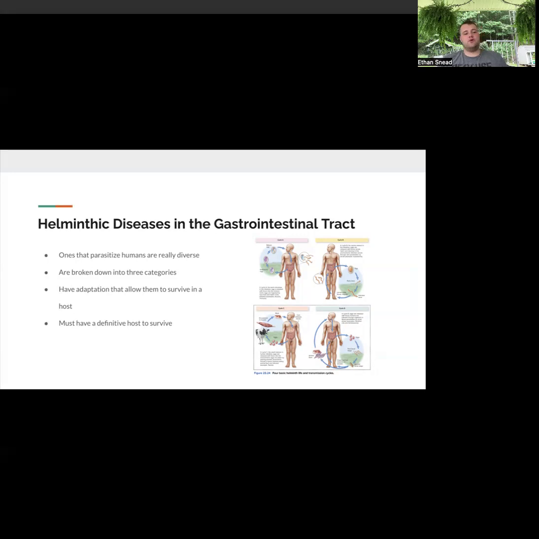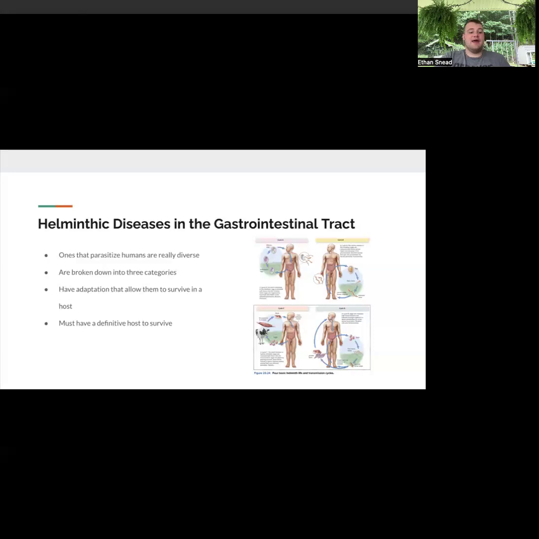They range from roundworms, which are about 3 millimeters in length, to tapeworms, which can be 25 meters in length. They're broken down into three categories: nematodes, which are roundworms, trematodes, which are flukes, and cestodes, which are tapeworms. We discussed this earlier in earlier chapters of our textbook and in lecture as well.